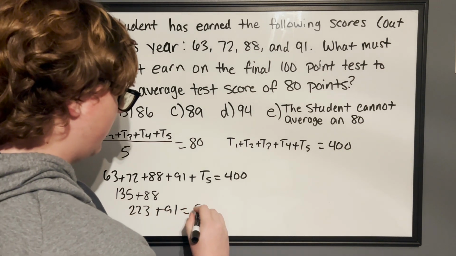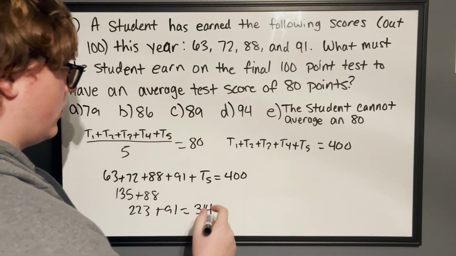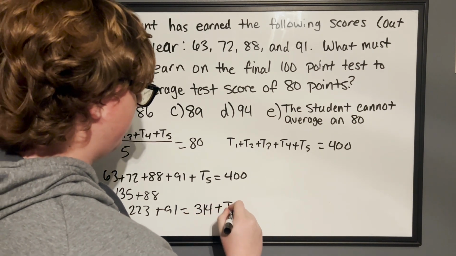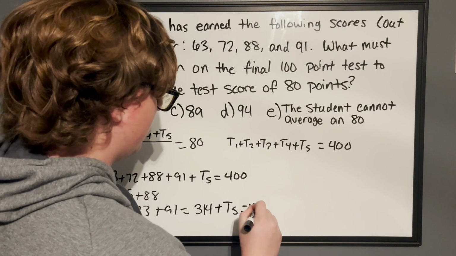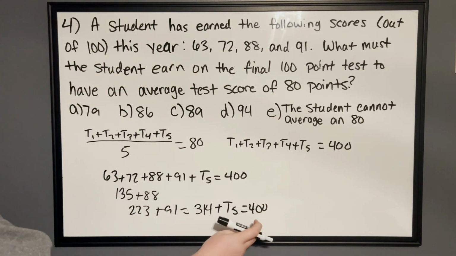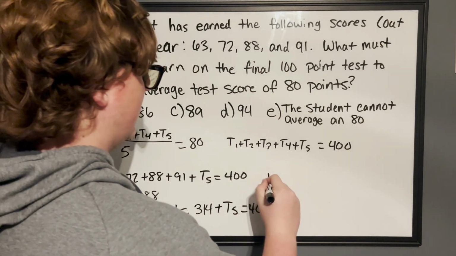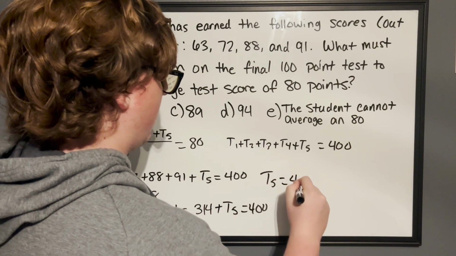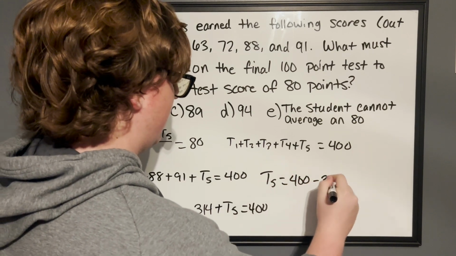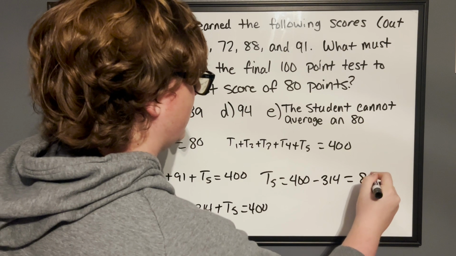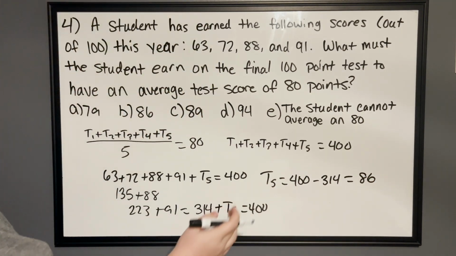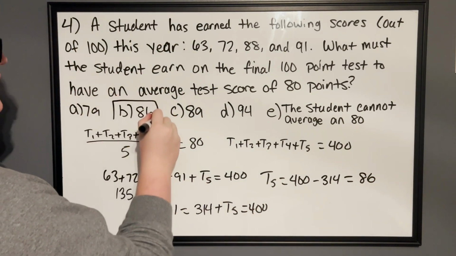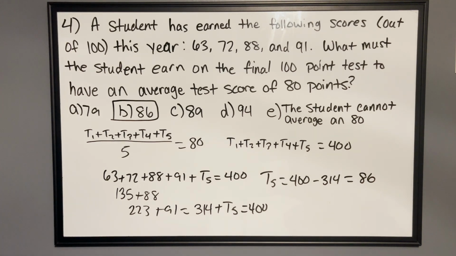Sorry, that took me a second. 314. So 314 plus test 5 needs to be equal to 400. So let's subtract 314 over to this side. So test 5 is equal to 400 minus 314, which is equal to 86. So the test 5 score needs to be B, 86 out of 100 points.